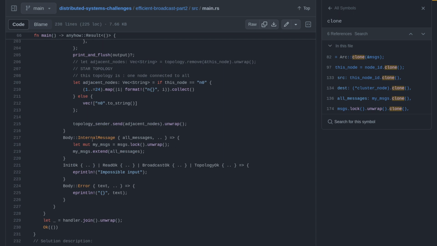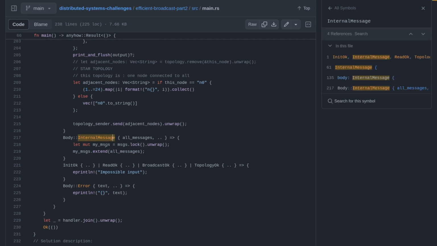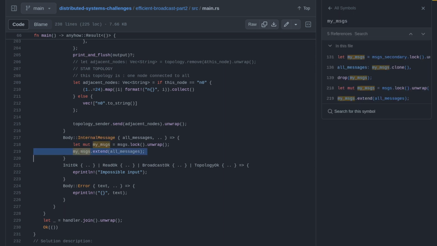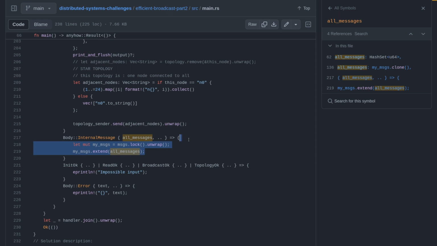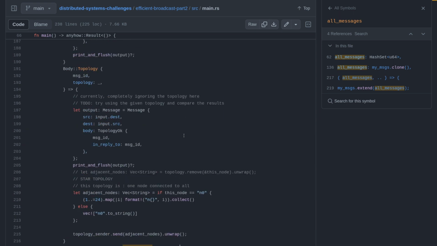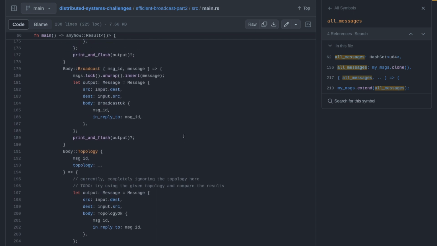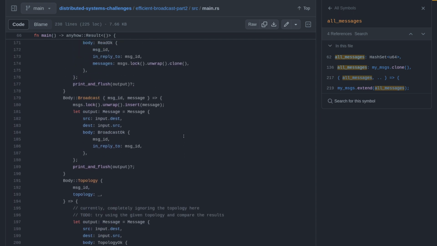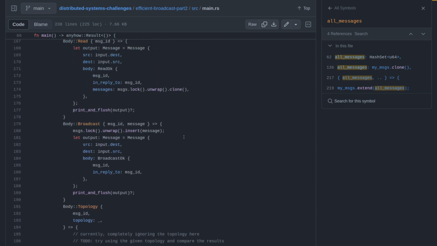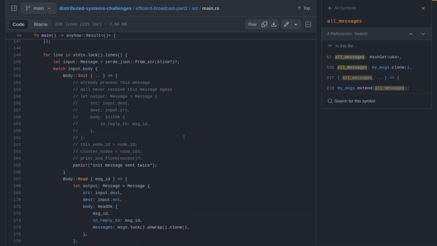Whenever an internal message occurs, we are going to extend our hash set with the messages that were received. This way, even in case of network partition, even if a value is not propagated initially, in the later internal messages it will be shown or extended in the current node's messages.